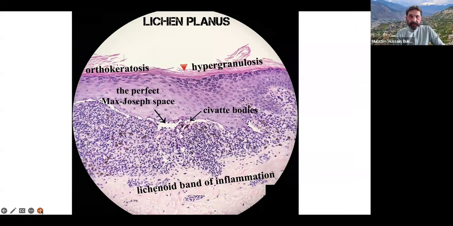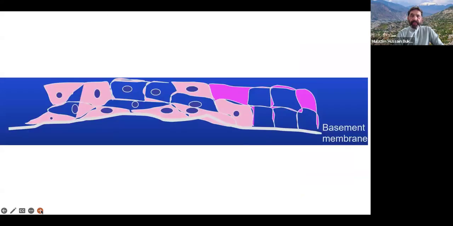Showing here the civatte bodies present at the dermoepidermal junction as we discussed earlier. What is this? This is basement membrane metaplasia. Usually on this side you will see cuboidal cells, while these cells going toward the basement become squamous.